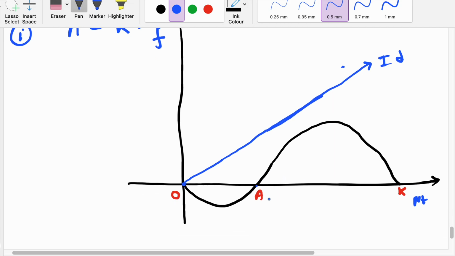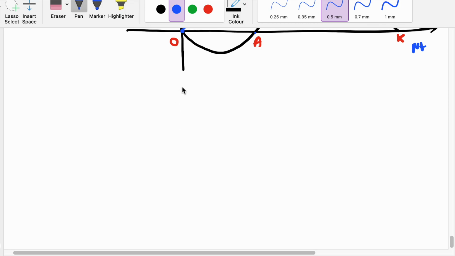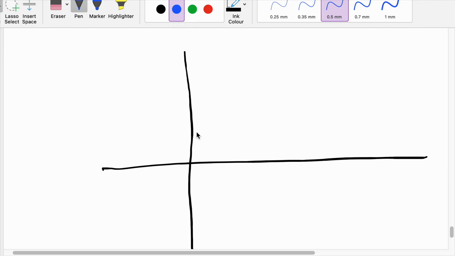Now if I choose a and k in such a way, or maybe a in such a way, then what will it become?